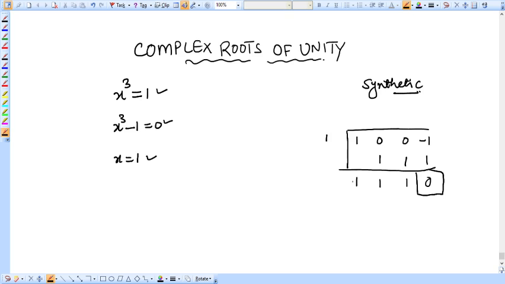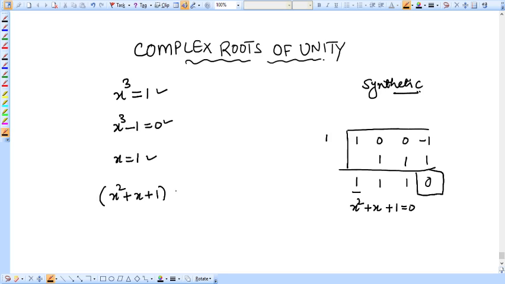So now the rest of the two roots will be given by the equation 1 plus 1x plus 1 equal to 0. So the rest of the two roots will be given by x square plus x plus 1. It is nothing but the quotient when x cube minus 1 is divided by x minus 1.